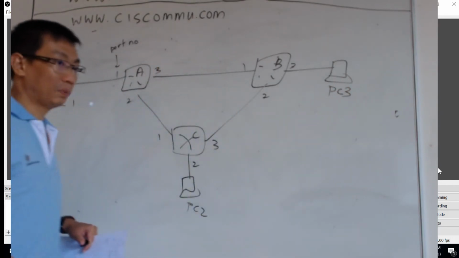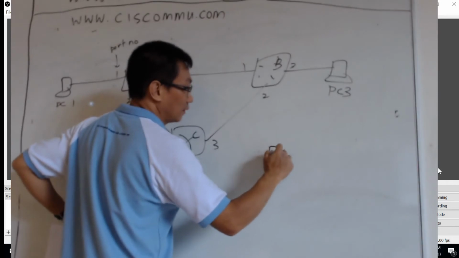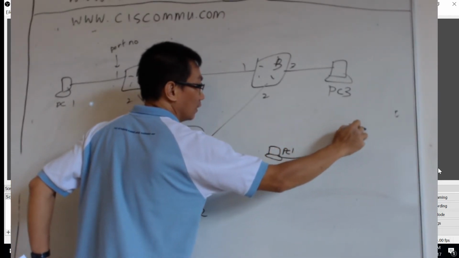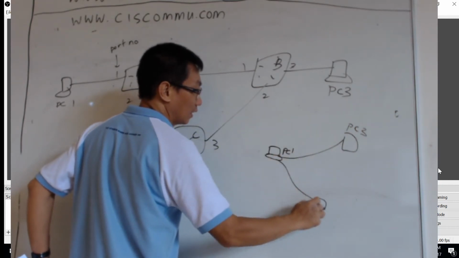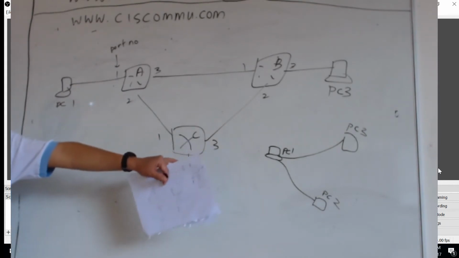Okay. Suppose you want to have a circuit like this. PC1, we have a circuit connected to PC3. And you also have a circuit connected to PC2, like this. Okay? You want it to be like that.